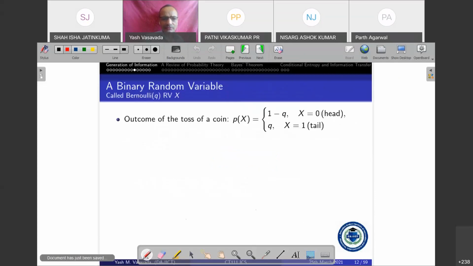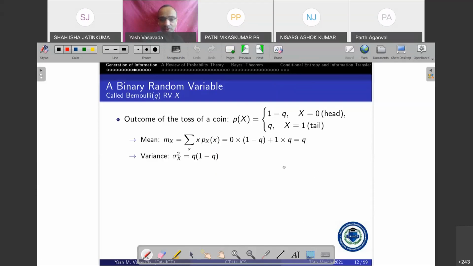Then we looked at a particular type of random variable, which is a binary random variable. It is, for example, a random variable that can be used to denote the outcome of the toss of a coin. And for this random variable, we evaluated the mean value, which turns out to be nothing but the probability that the variable turns out to be 1. Right? So that probability is denoted as Q. And the mean of the variable is actually nothing but Q. Right?